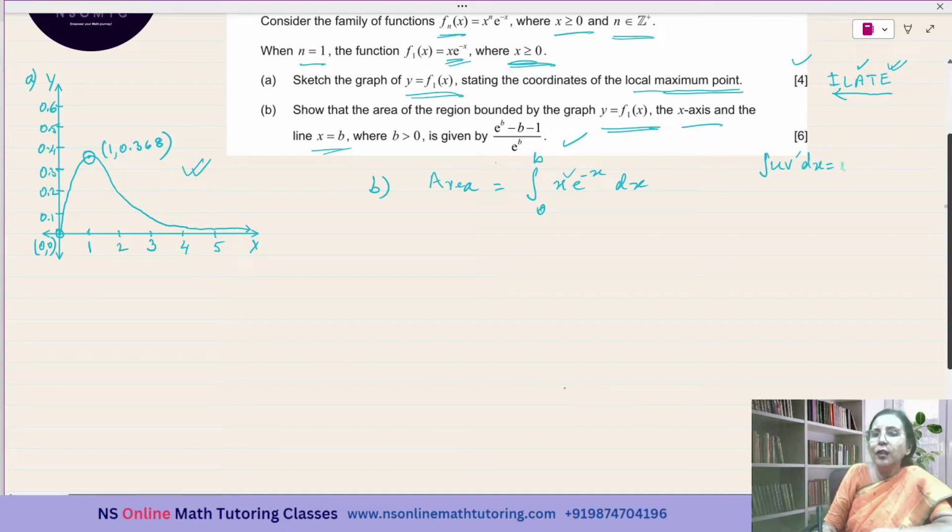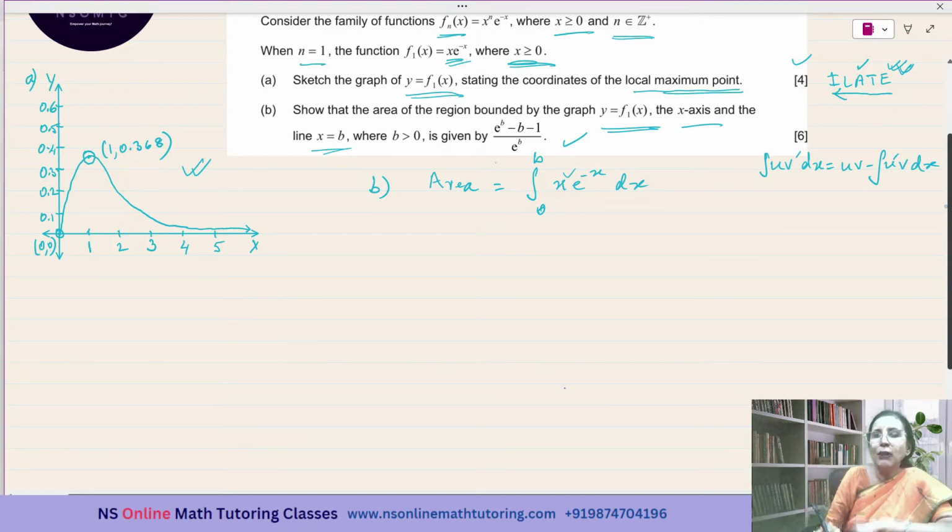This is equal to uv minus the integral of u dash v dx. Okay, and which one should we be taking as u? That is determined by this ISOLATE rule. The one which is enjoying the higher priority will be taken as u. In this case, u will be taken as x, because the algebraic function enjoys a higher priority than exponential functions.